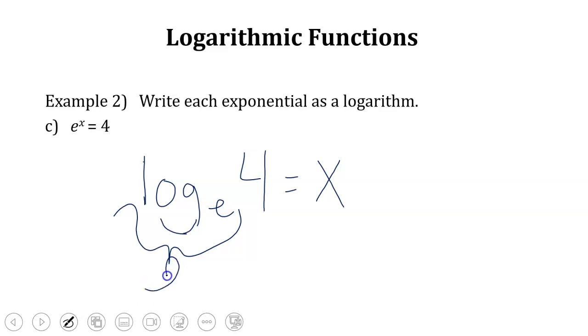So you might see it written as ln instead of log base e. That's interchangeable, and we'll talk about that in the next video. So you might see ln 4 equals x. It's just considered ln means log base e.